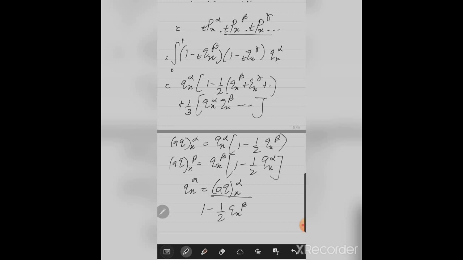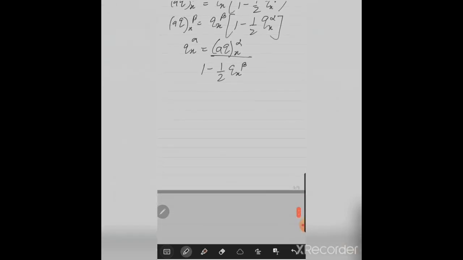Earlier we've got the expression. So this is where the difference is, if you can spot the difference. So earlier when I looked at this expression, I got qx alpha is nothing but aqx alpha divided by 1 minus half aqx beta.